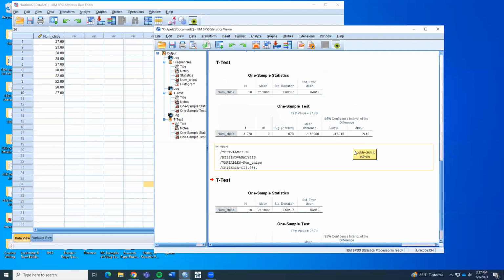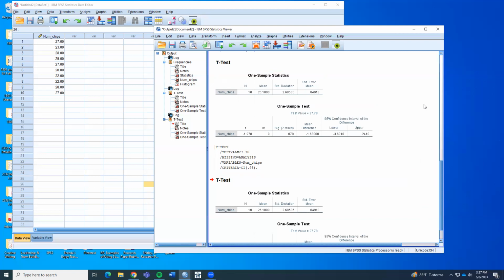However, because the range falls mostly in the negative area, we are going to accept that there may be fewer than 1,000 chips per bag, and we are going to conclude that a larger sample needs to be taken.